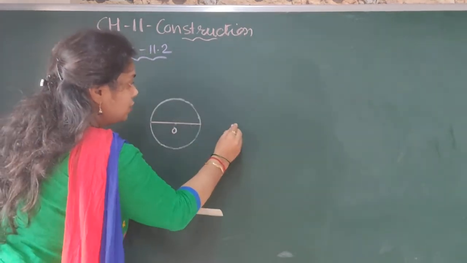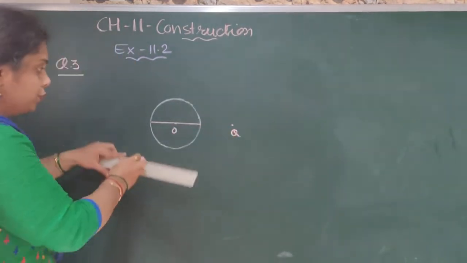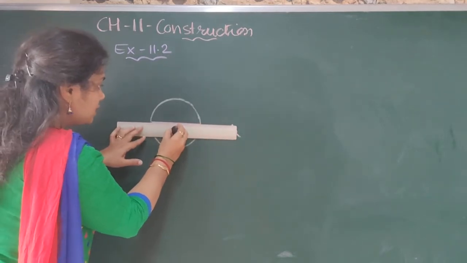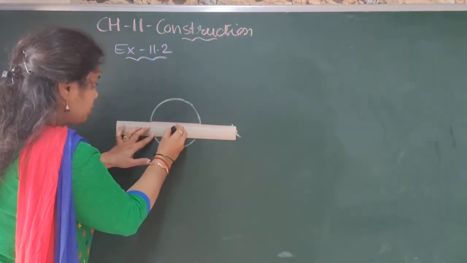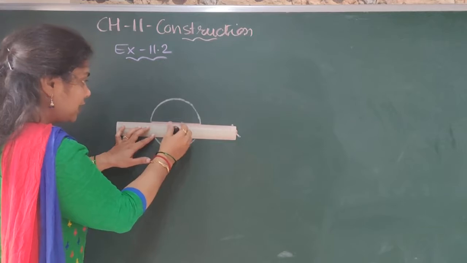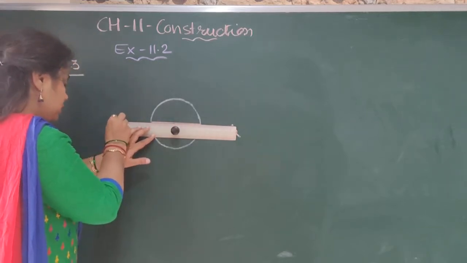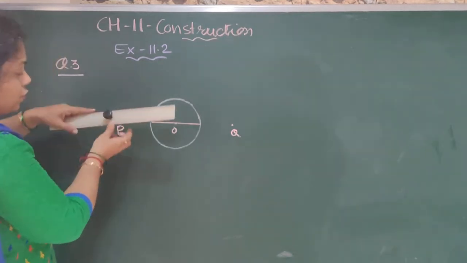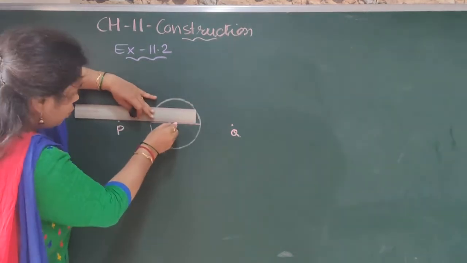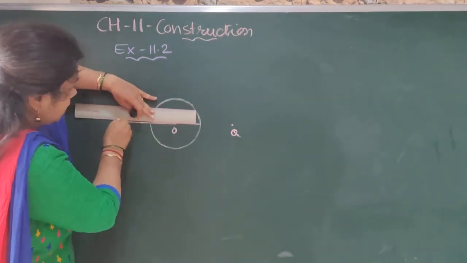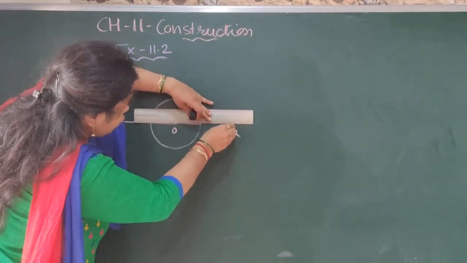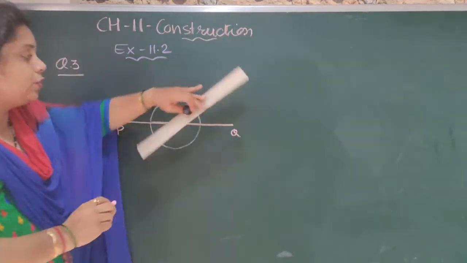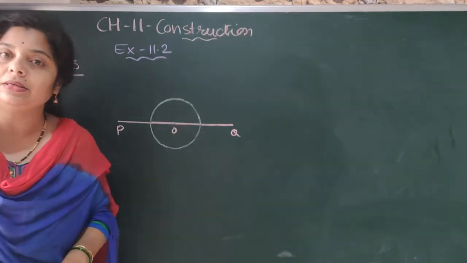Now I denote this point as Q, and again from the center, 7 centimeter to the other extreme. So here again it is 7 centimeter. So this is P. So now the distance OP is equal to OQ is equal to 7 centimeter.